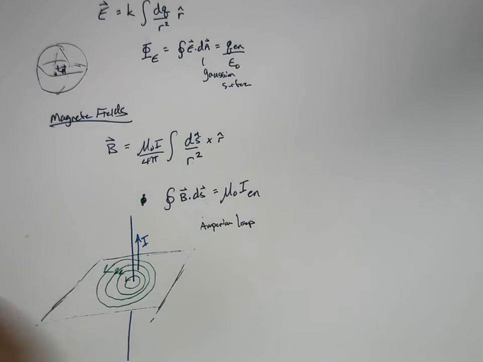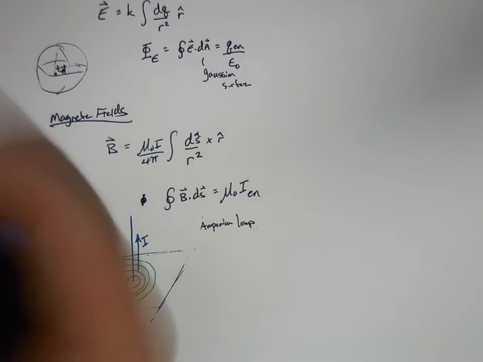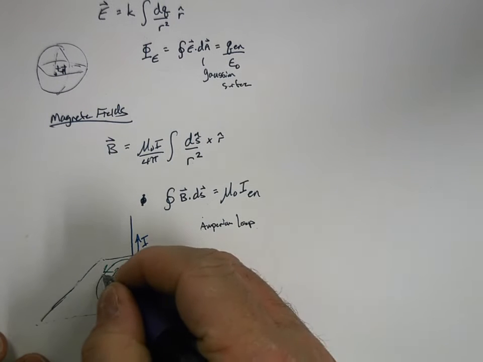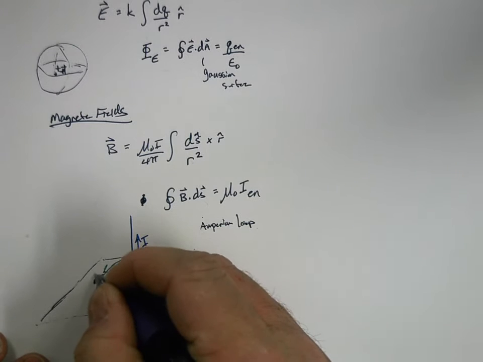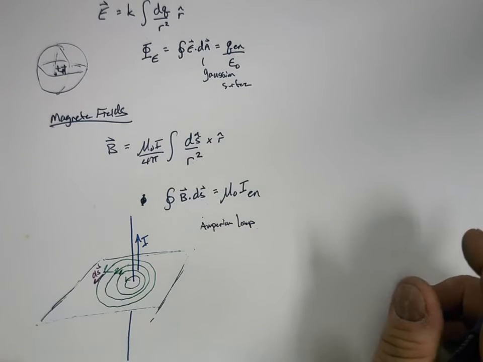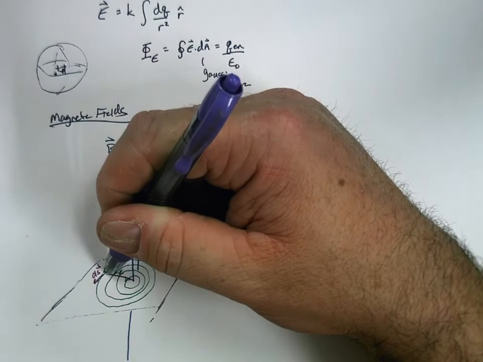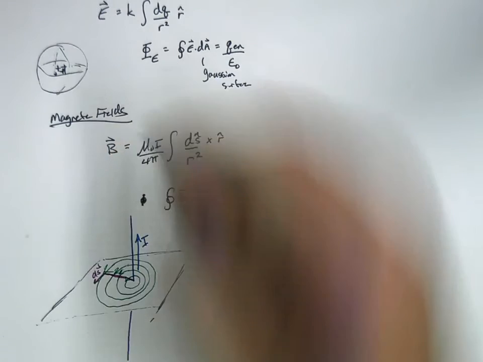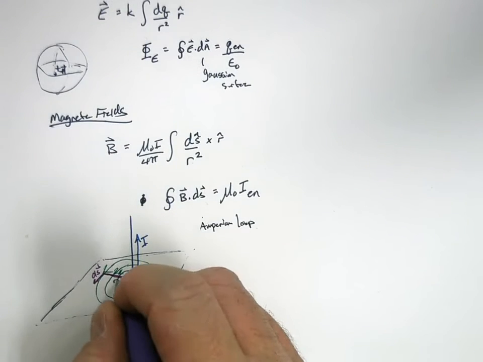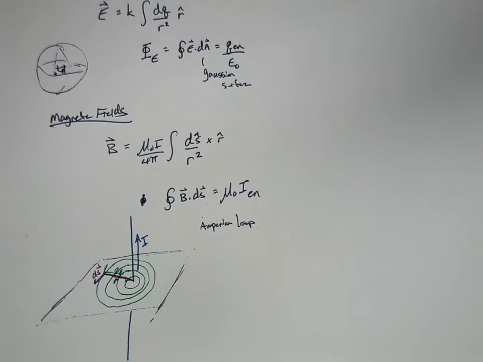We can take any portion of this and call it ds. That's our ds, and from here we have our r, our distance from the wire out to our spot.